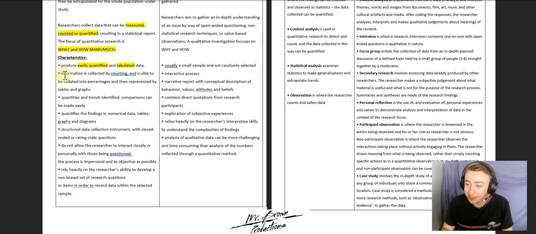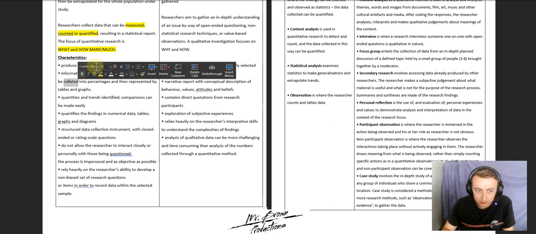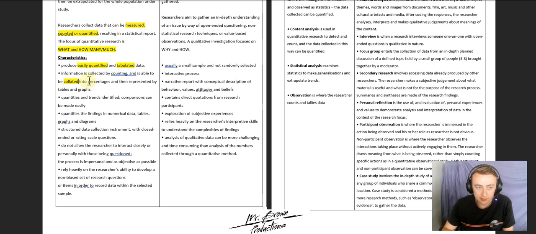Second one, information is collected by counting and is able to be collated into percentages and then represented by tables and graphs. So I'm just getting you to highlight the sort of key words that really reflect that quantitative method. Okay, counting, collating, tables and graphs. So I'm pretty sure you all know what counting is. 1, 2, 3, 4, 5. You do it at a bigger scale, of course, when you research.